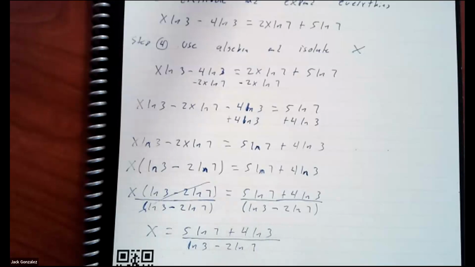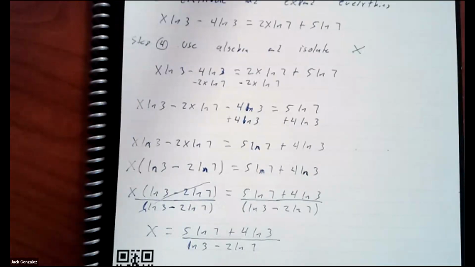So depending on how the question's set up, it'll be more algebra intensive. Some might be a couple steps, some might be really shitty like this one. It just depends. But you have to be comfortable with your algebra and your log properties.